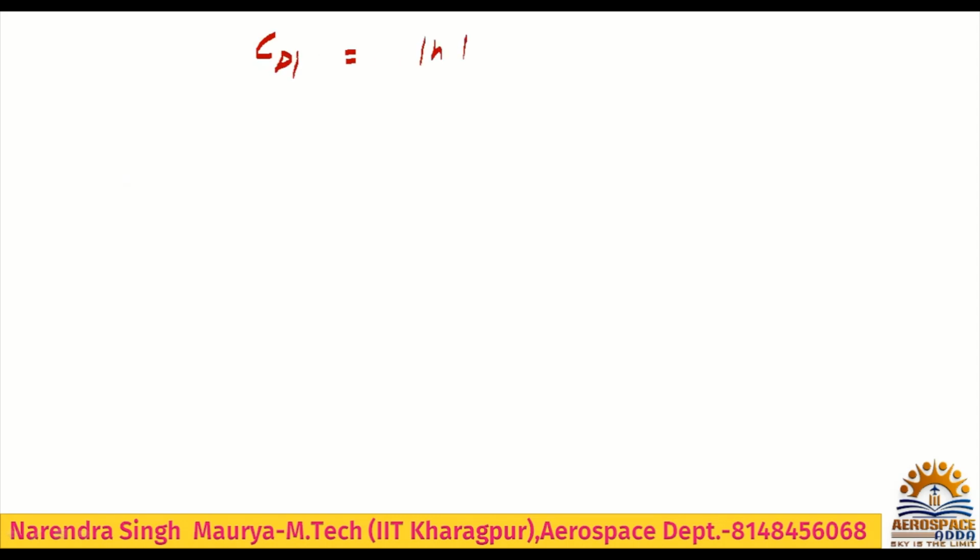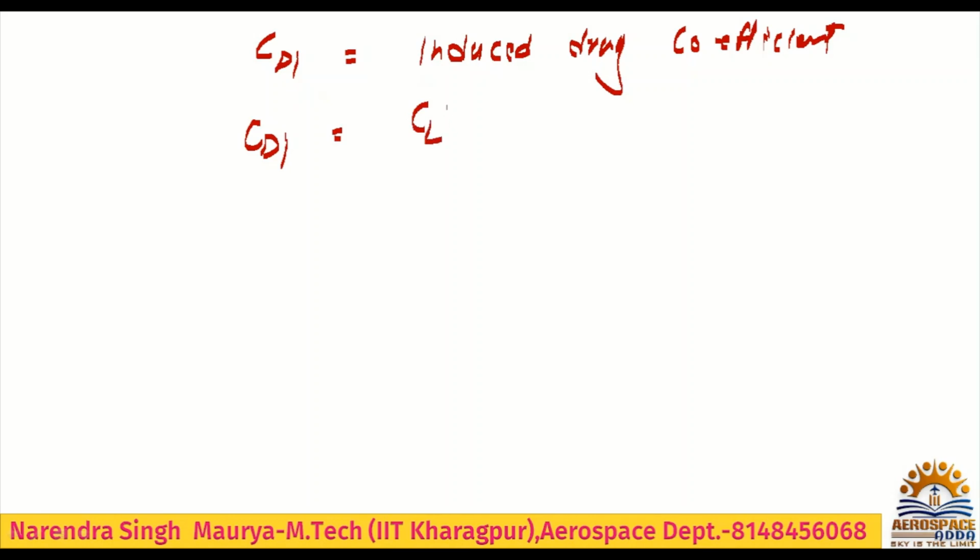Induced drag coefficient, CDI. What is the formula for this? Yes, the formula is CL square upon pi e AR. This is the formula. Hope you understood why all the data they have given to you.